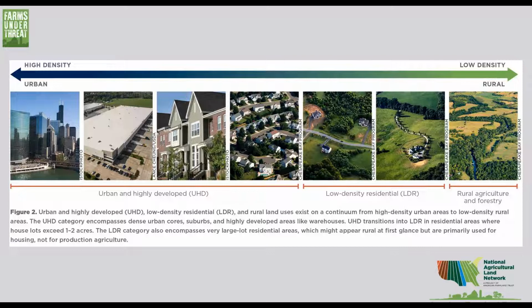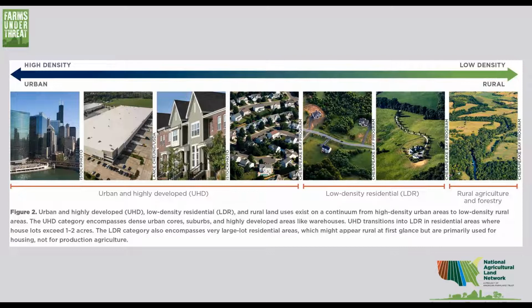Low density residential development, which you see on the right-hand side, has become a more pervasive culprit. And AFT worked with Conservation Science Partners to pioneer an approach to mapping and quantifying the impacts of this type of development on the agricultural land base.